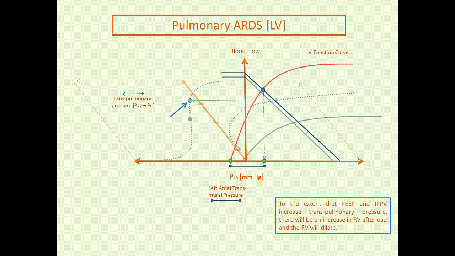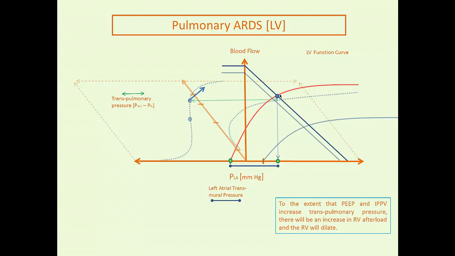So going through that one more time, applying the breath on top of PEEP, you can watch the LV cardiac function curve shift down and to the right. Venous return increases, which tends to defend LV output, but the shift in LV compliance, or the decrement in LV compliance, can be quite profound depending on the degree of RV distension.